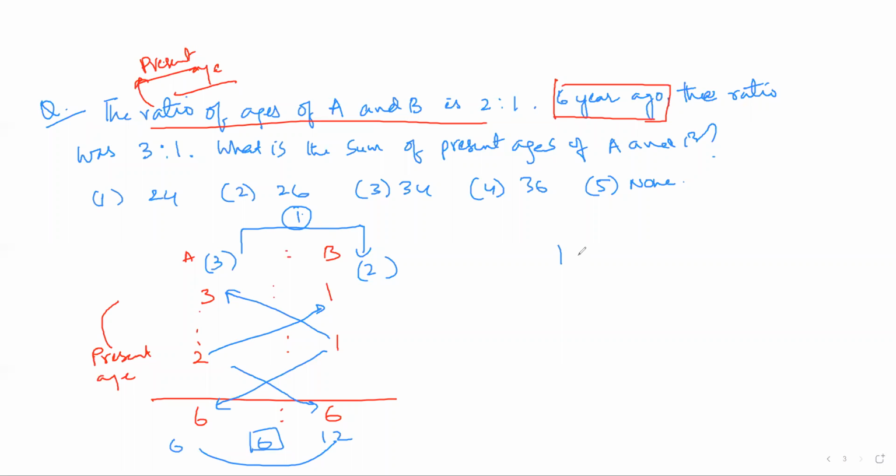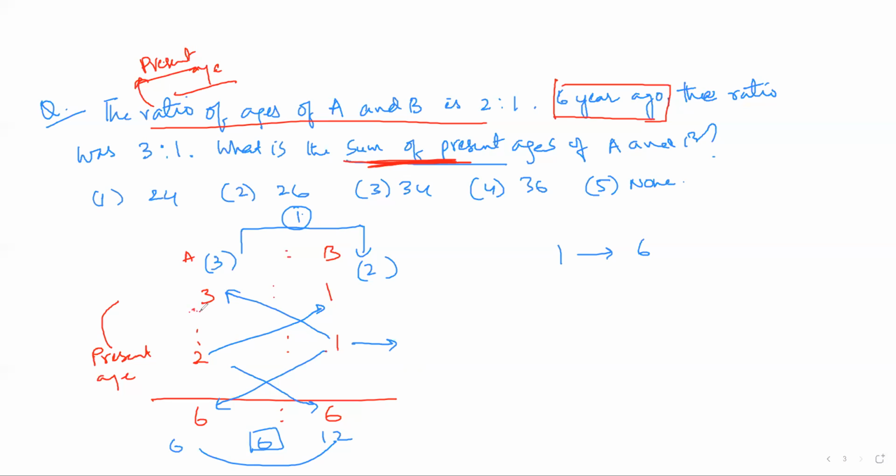Now this 1 is equivalent to 6. Suppose we need the sum of the present ages. The sum is 2 plus 1, that means 3. Okay, sorry, let me rub this.